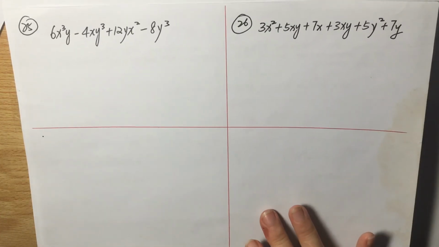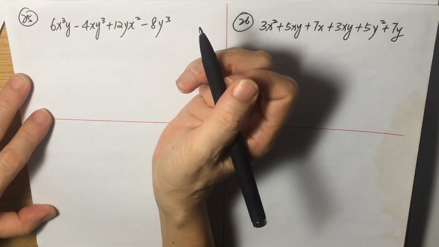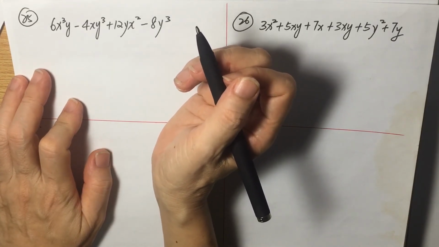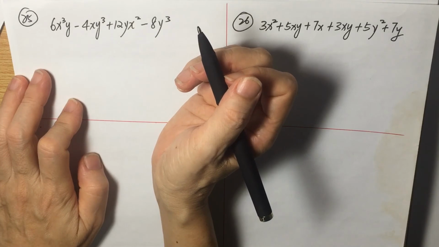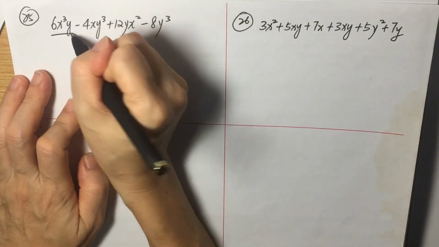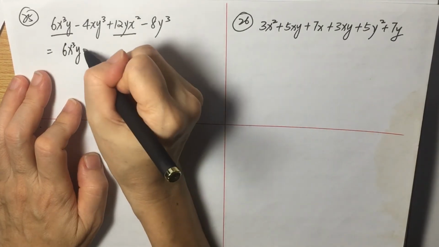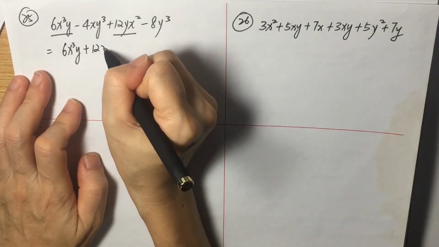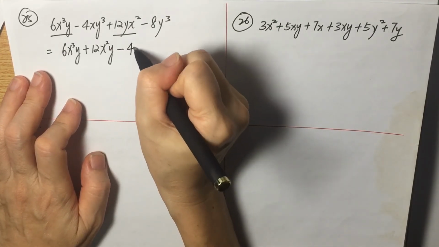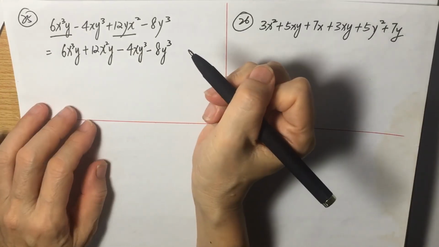Question 25. Okay, 25. Common factor. Can I take this one to group with this one? So I have 6x cubed y plus 12x squared y, and then I have minus 4xy cubed minus 8y cubed.